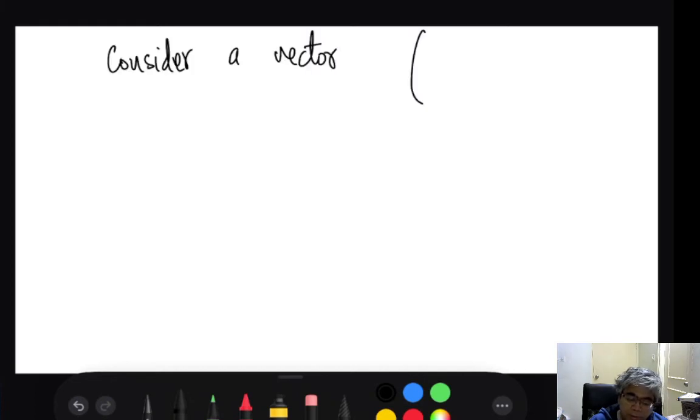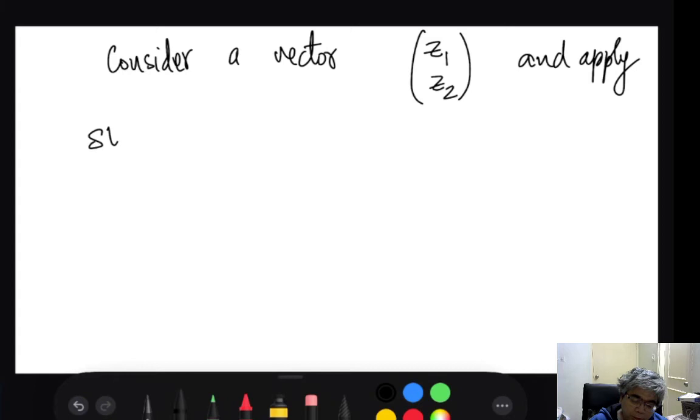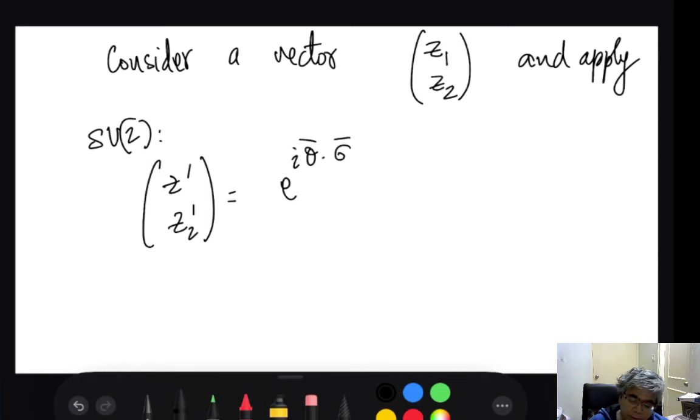Let me call this vector Z1, Z2. What happens if I apply SU2? So Z1 prime, Z2 prime is equal to e to the power i theta dot sigma acting on Z1, Z2.